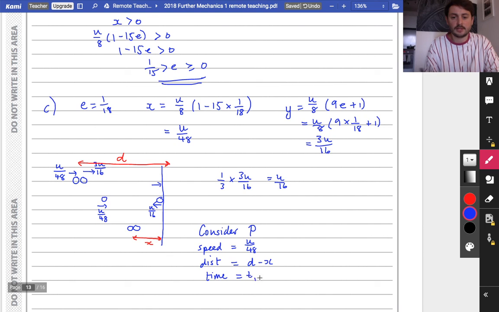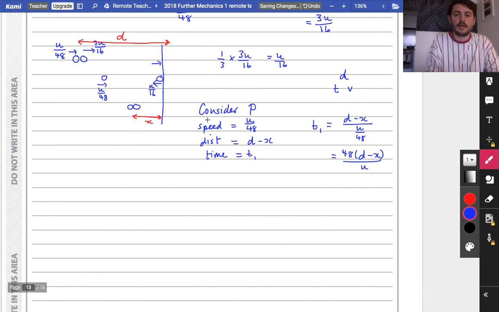And I'm going to call that time t1. Now, I have to always do this for some reason. My time is distance over speed. So it is d minus x over u over 48, which I'm going to rearrange, multiplying the top and bottom by 48, as 48 times d minus x over u. That is the amount of time that P is travelling.